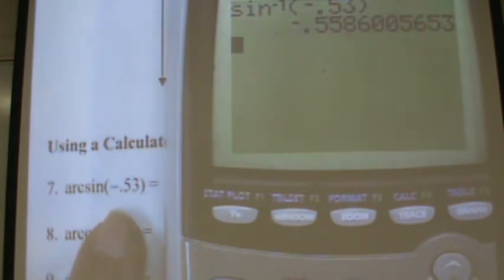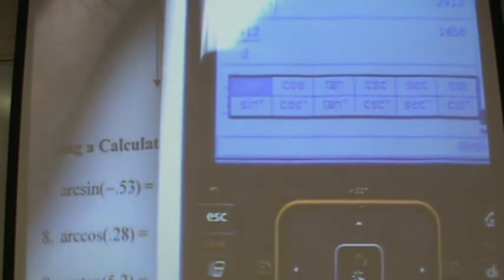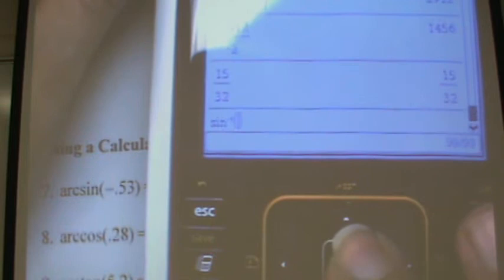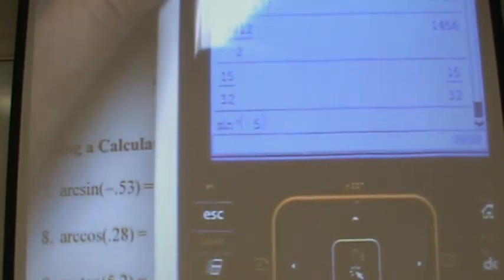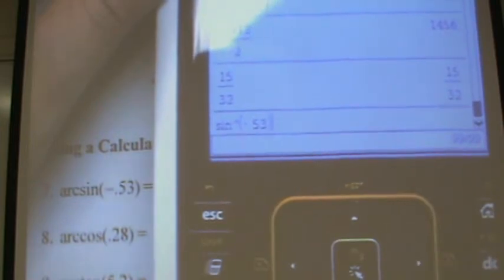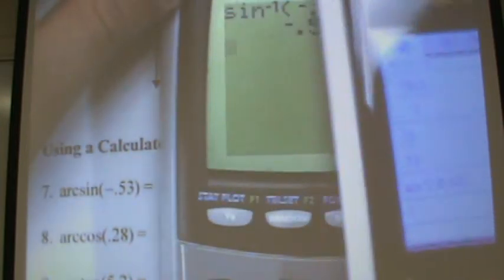If you're using this calculator, where is that button at? Trig. And where is that one? Right there. And then type in negative 0.53. Check it out, same answer.